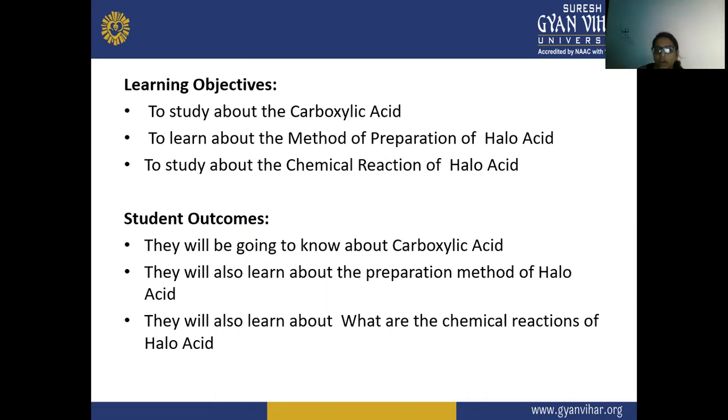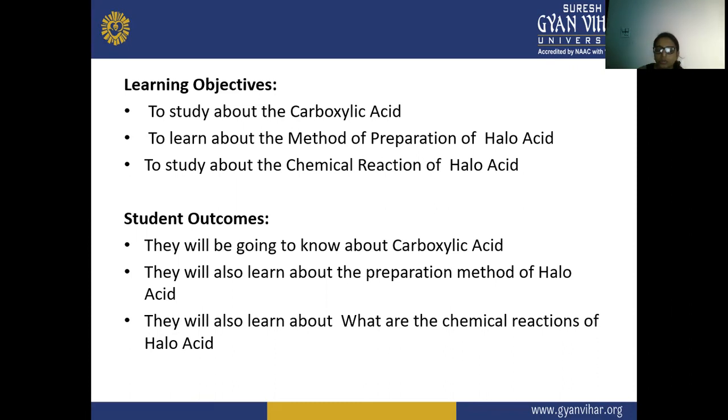The halo acids also come in the category of carboxylic acids, and they are the derivatives of carboxylic acids. Halo acids means that the halogen is present on the carboxylic acid. So here we are going to study the method of preparation of halo acids, and also the chemical reactions of these halo acids.